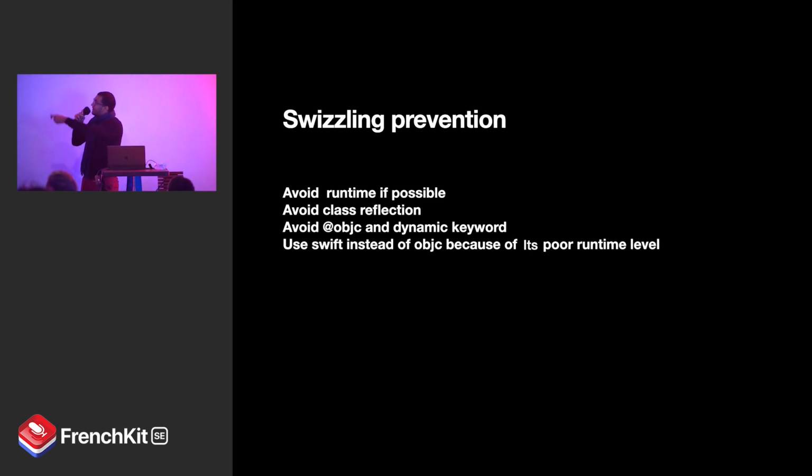For example, I recommend you avoid class reflection, because someone can easily inject some classes inside your binary and call them from the NSClass object. I also recommend using Swift instead of Objective-C, because Swift has far fewer runtime features.